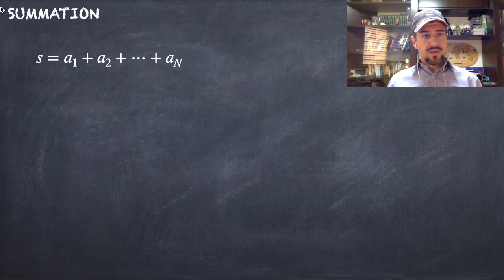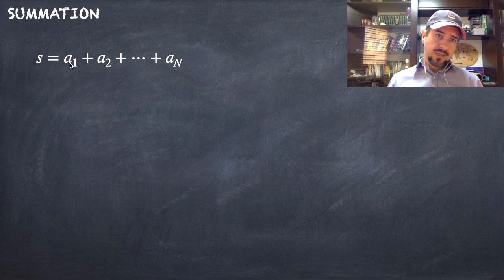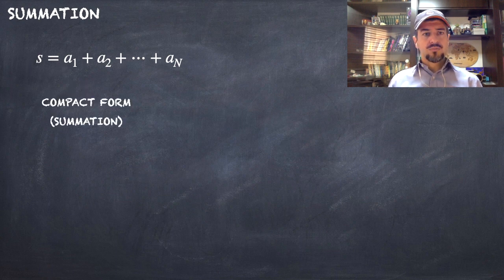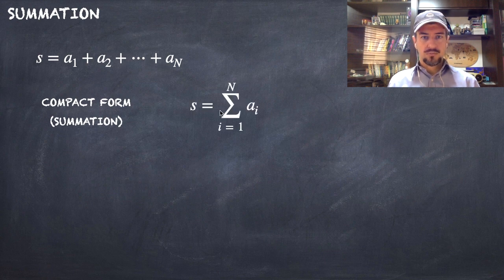Let's start with summation. Consider these terms. We have n terms, a1 plus a2 plus a3 plus up to an, and the result of it is S. So we can write this very long expression in a more compact form using the summation symbol.